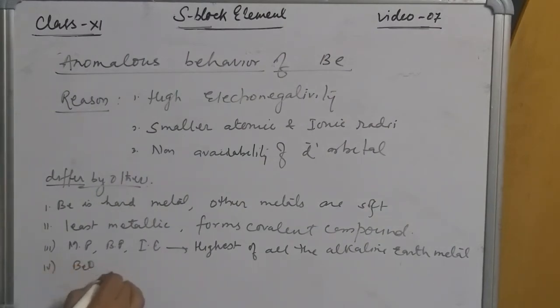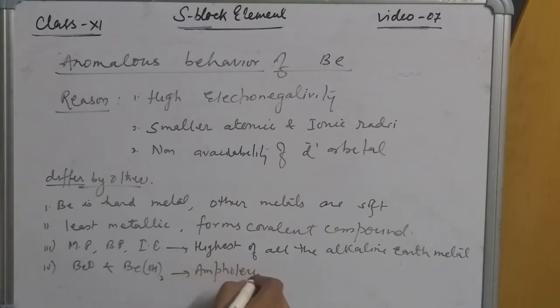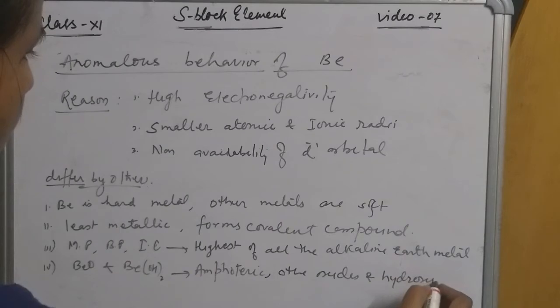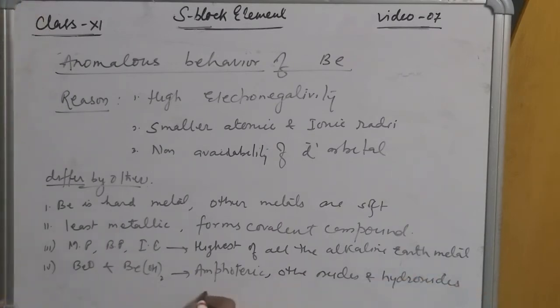Beryllium oxide and beryllium hydroxide are amphoteric in nature, and other oxides and hydroxides are basic in nature.